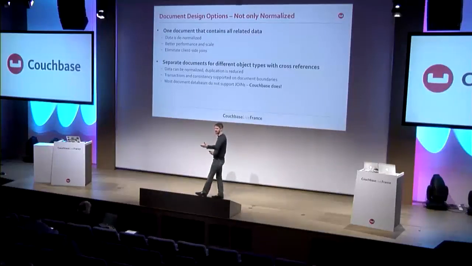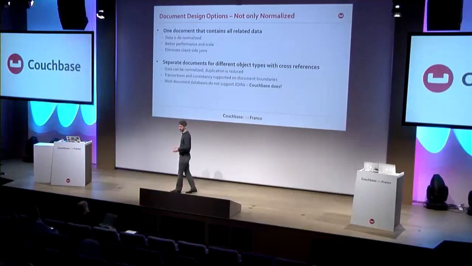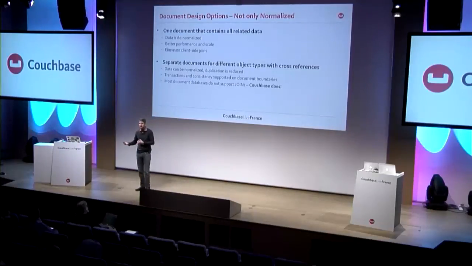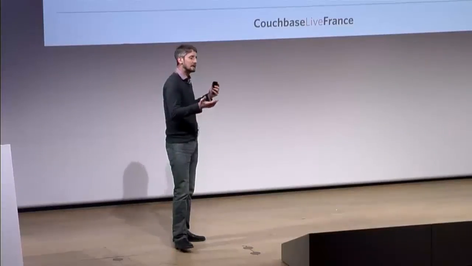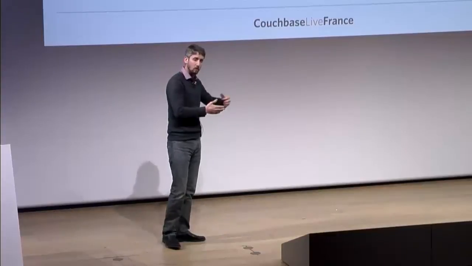Now, denormalization generally has higher performance, but comes with the challenge of duplicate data. And in many cases, you don't want to duplicate your data. And so with Couchbase, you can choose on a per application, per document, per data type way to either denormalize fully or to some degree, or to normalize a bit of that where it makes sense. And later on, I'm going to show you really what I mean by that.